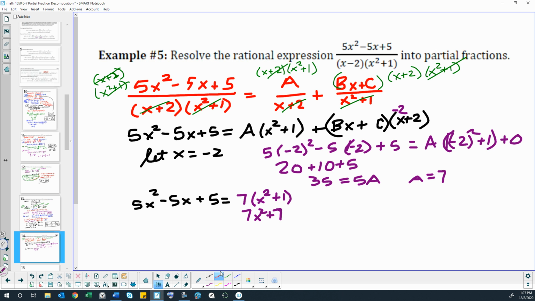And then I'm actually going to FOIL this part together. So Bx plus C times x plus 2. So Bx times x is Bx squared. Bx times 2 is 2Bx. And then Cx. And then 2C.